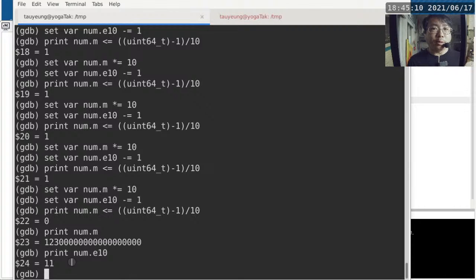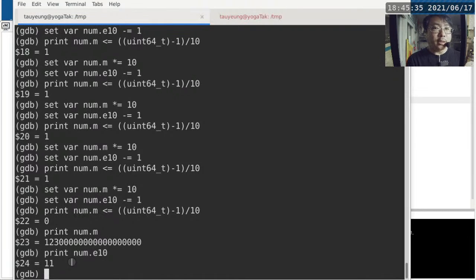So how do we make room for that? We can divide m by 2 and then increase E2, and keep doing that until there's room to multiply m by 10 again. Okay, so I'm going to show you what that means. Right now I'm not going to take rounding into consideration. We'll talk about rounding maybe in the next class.